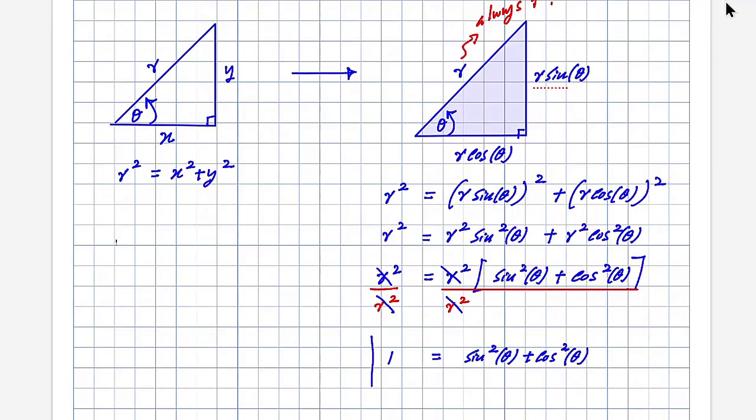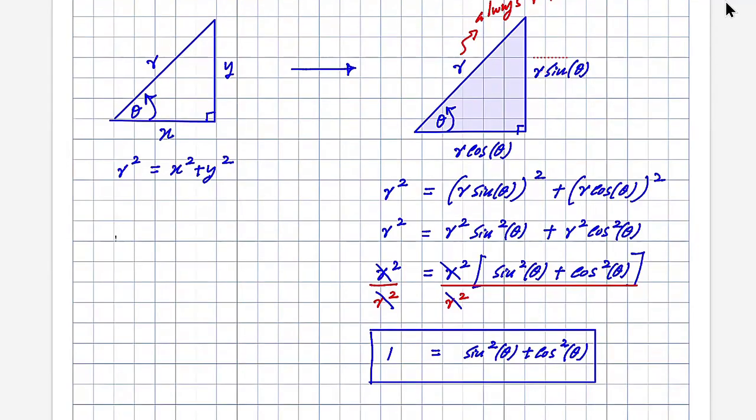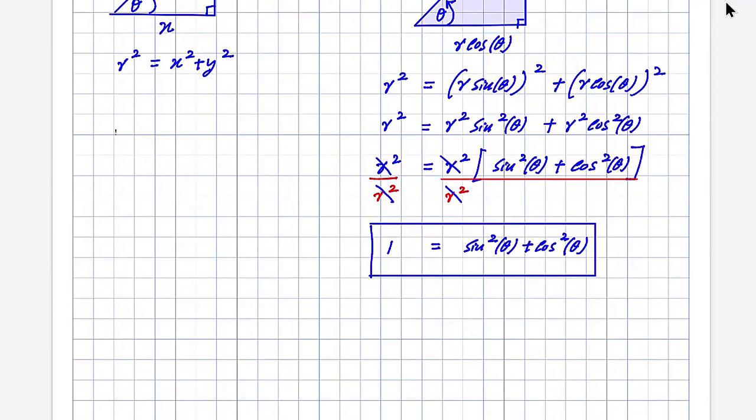This is called the most basic identity in trigonometry, the first identity in trigonometry.